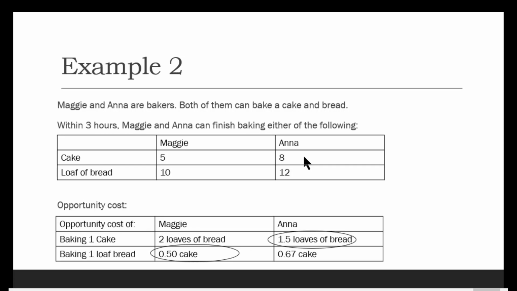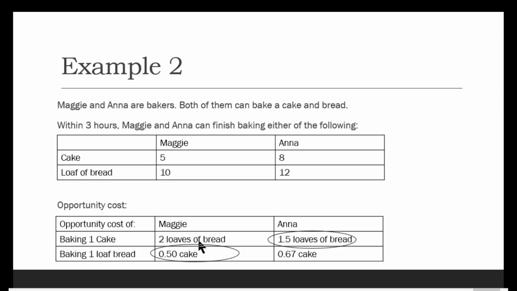Okay, so let us go back to the same questions we asked with Beth and Paula. Remember that in comparative advantage, we need to choose an activity which yields a lower opportunity cost. So in baking a cake, who among the two has a lower opportunity cost? Let's compare the opportunity cost of Maggie and Anna in terms of baking 1 cake.